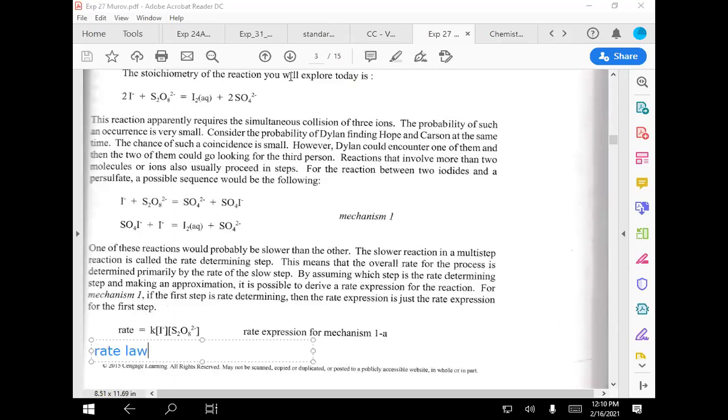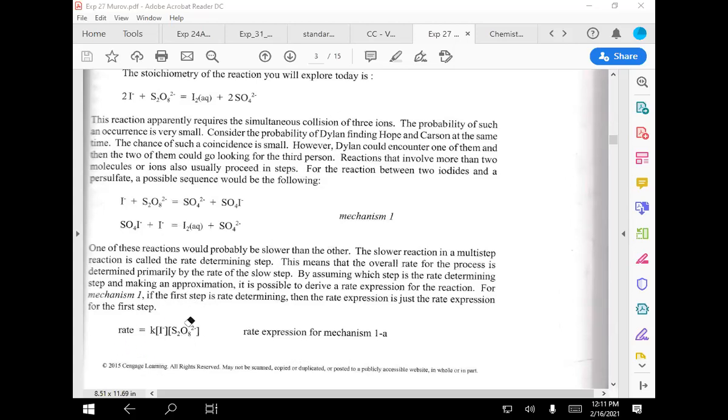Because we are doing a specific experiment, you would want to give this as your rate law if it is indeed the rate law. So this is saying first order in iodide and first order in thiosulfate. This is the rate law. When you're writing your conclusion, you would not want to give some kind of generic answer with ABC. You would want to give the specific answer for this experiment.